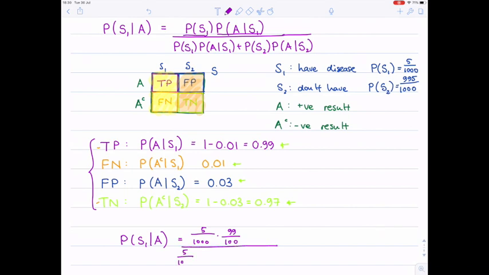We have the same first bit in our denominator, and then we add the probability that you don't have the disease, 995 out of 1,000, times the probability that you get a positive result given that you don't actually have the disease. That's our false positive rate, which is 3 out of 100.